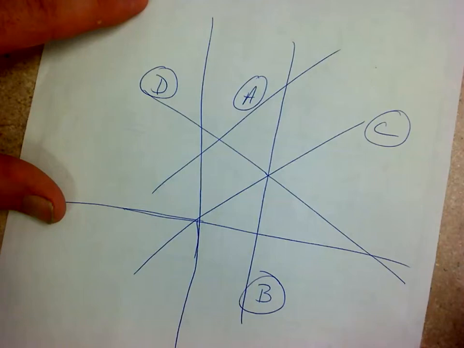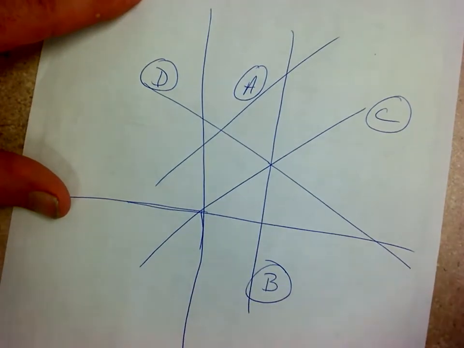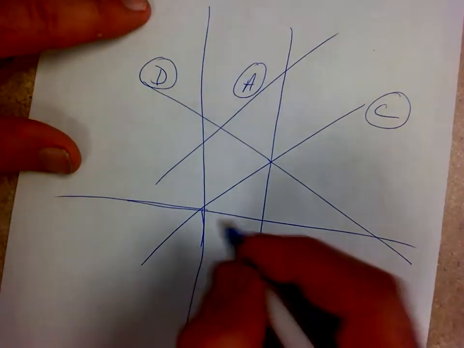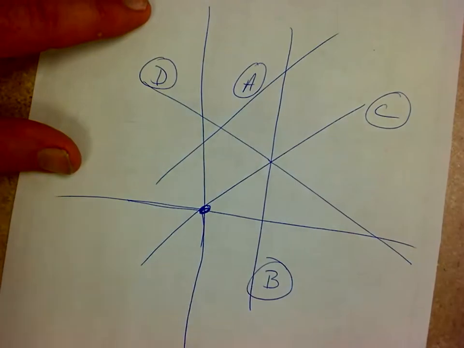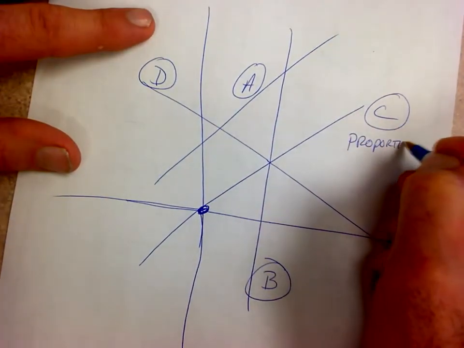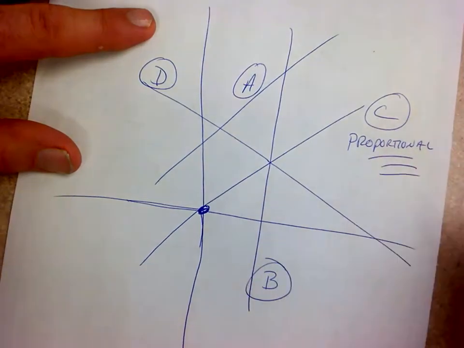To answer that question, we said in class, a line is proportional if it goes through the origin. The only line on this that I just drew that goes through the origin is line C. So this is the only proportional graph that we have.